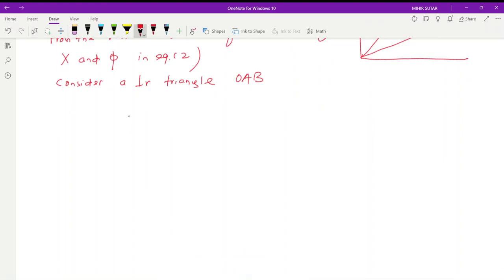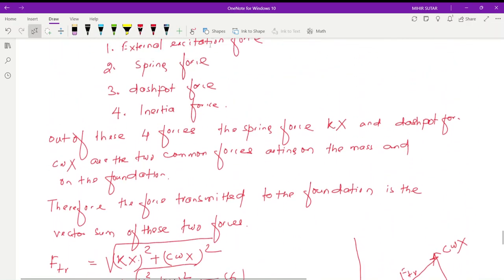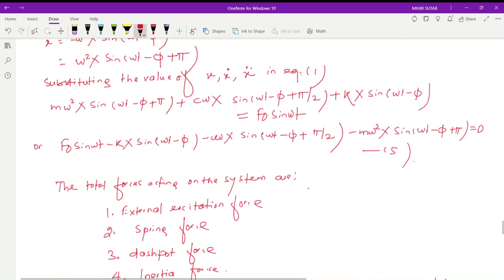means from this diagram, let's say this equation 5.